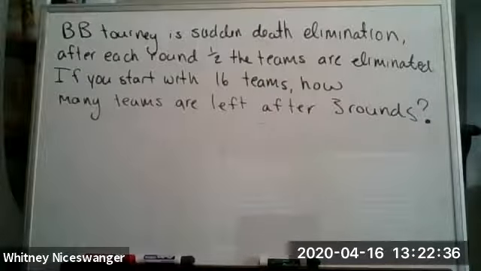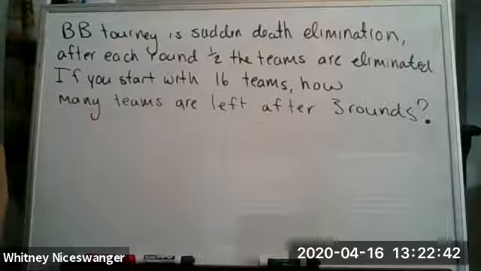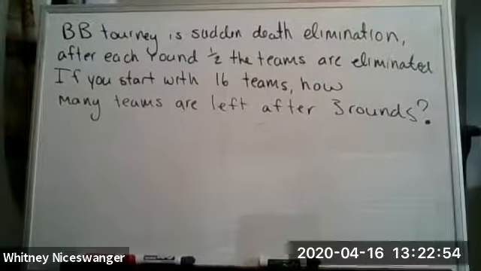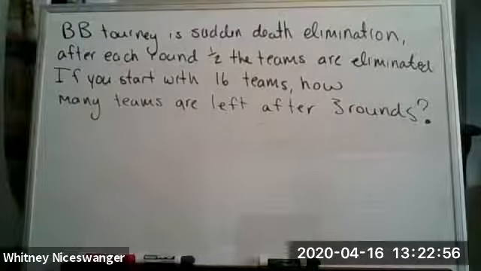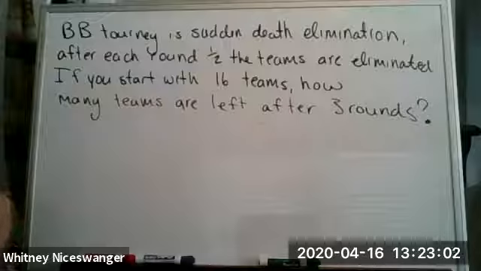All right, let's do another example of exponential decay. So in this example, we have a basketball tournament that is sudden death elimination. And what that means is you play a game, 2 teams play a game, the team that loses is eliminated. So after each round, half the teams get eliminated.